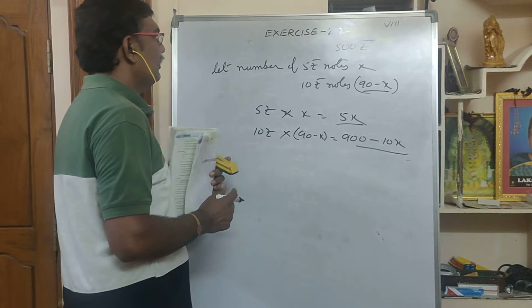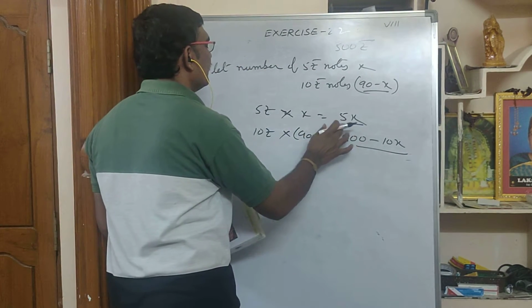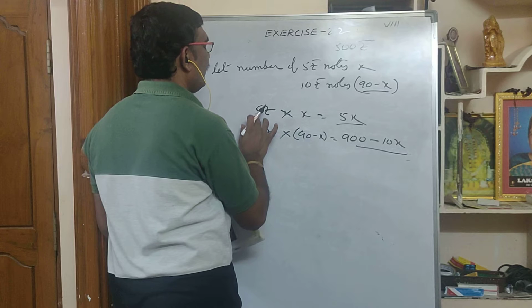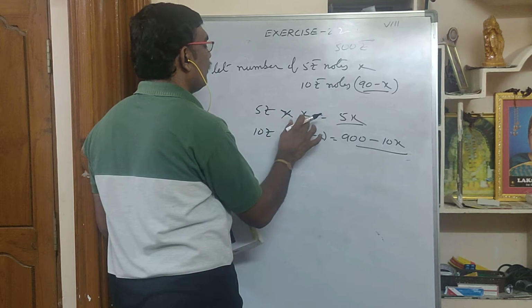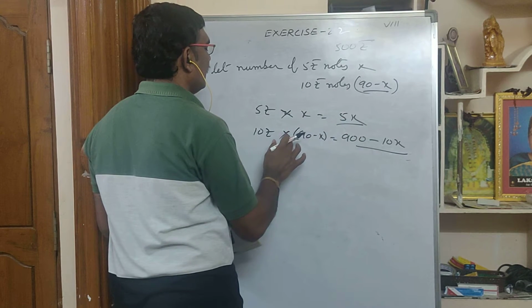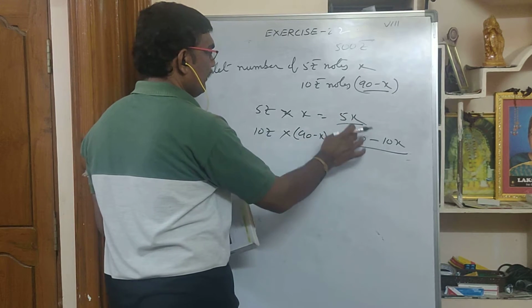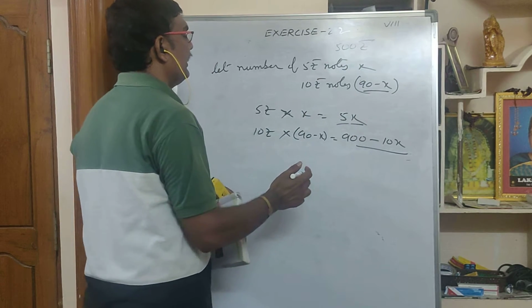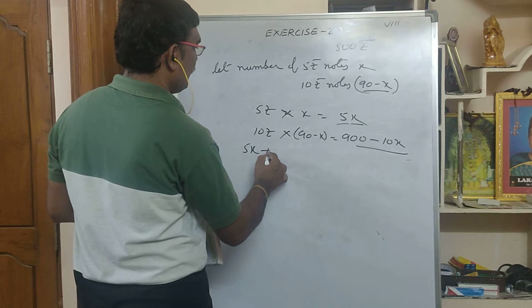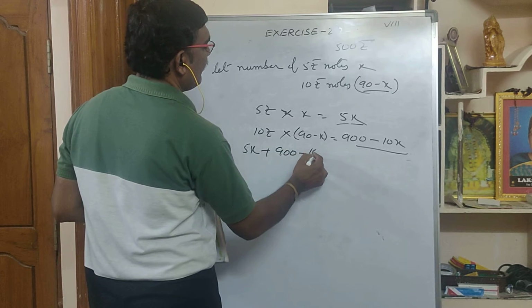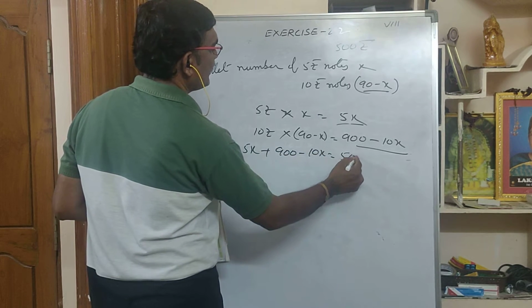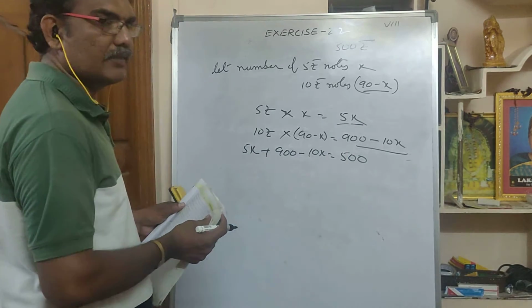Okay, so if you add, it is money. See, 5 rupees notes, if 2 are there, 2 5s are 10 rupees. Like that, these two if you add, total money you have to get. So 5x plus 900 minus 10x is equal to how much here? 500 rupees.